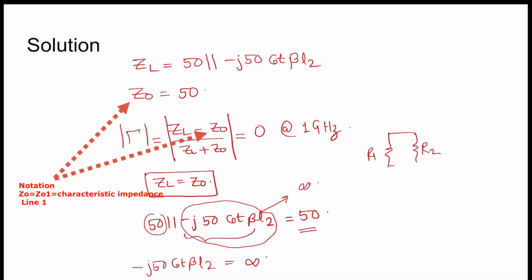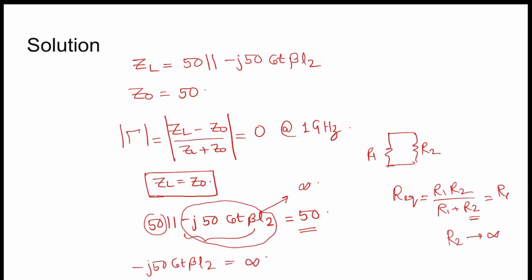This concept is clear, I think, because you see R1 and R2. If I say R equivalent equals R1 R2 by R1 plus R2, and now R equivalent is also R1, when is this possible? When R2 tends to infinity.